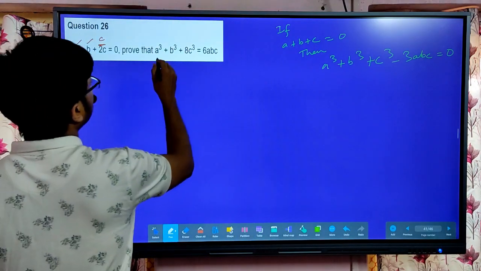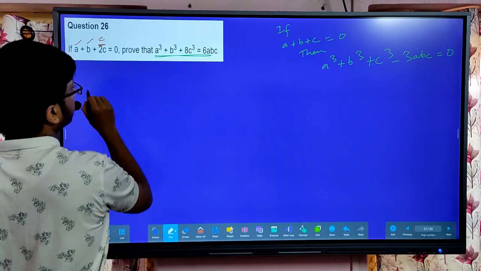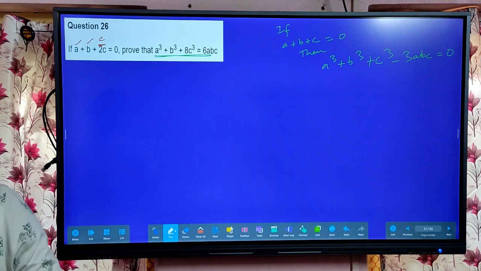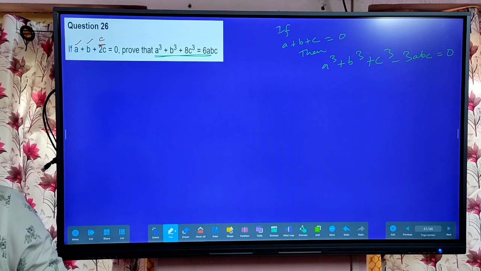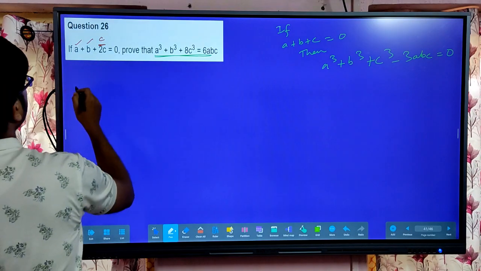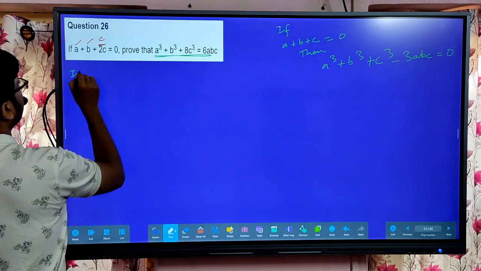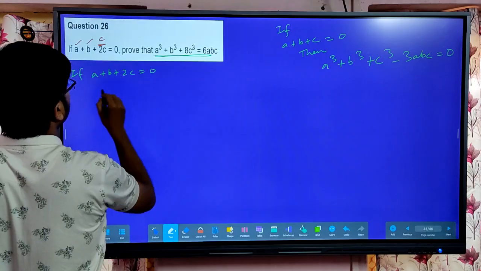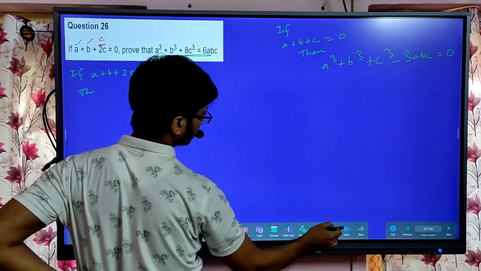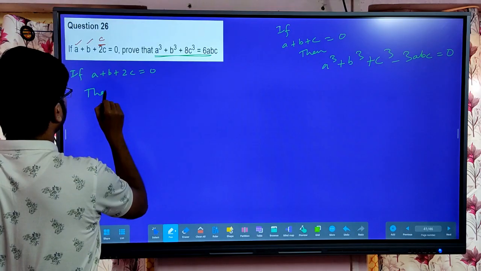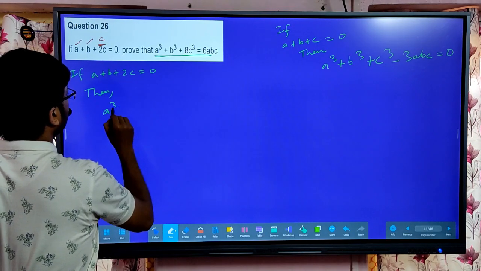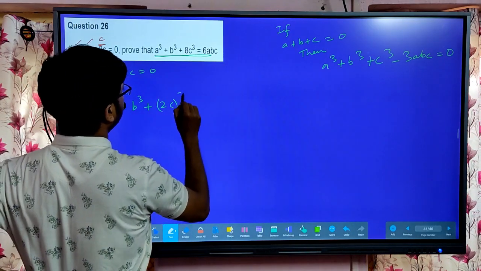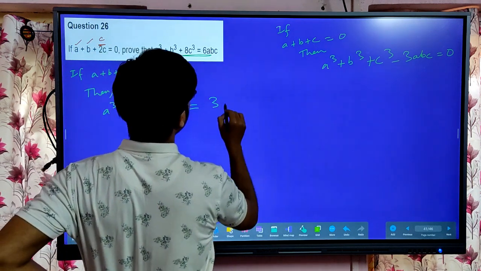So I can write this one. If a plus b plus 2c equal to 0, then a cube plus b cube plus 2c whole cube will be equal to 3abc.